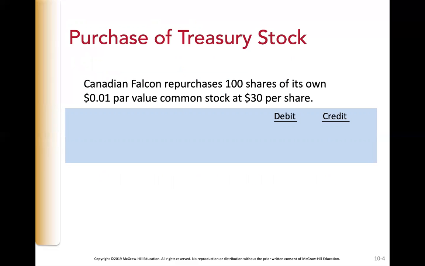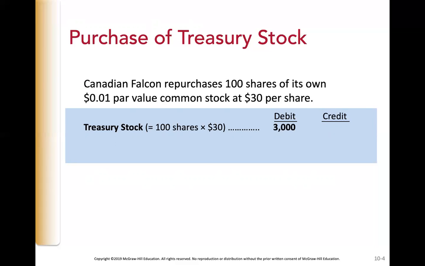Just as issuing shares increases stockholders' equity, buying back those shares decreases stockholders' equity. So in this example, Canadian Falcon repurchases 100 shares of its own 1 penny par value common stock at $30 per share. Rather than reducing the stock accounts directly, however, we're going to record treasury stock as a separate negative or contra account.